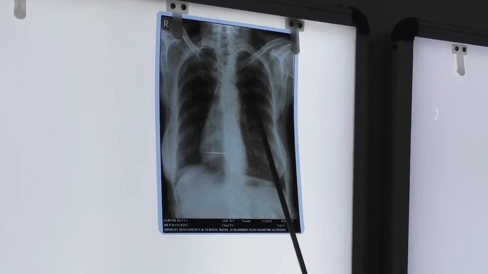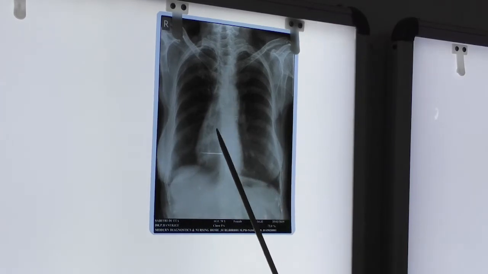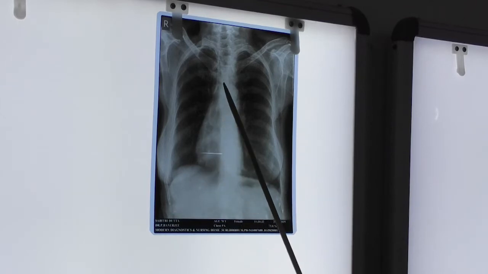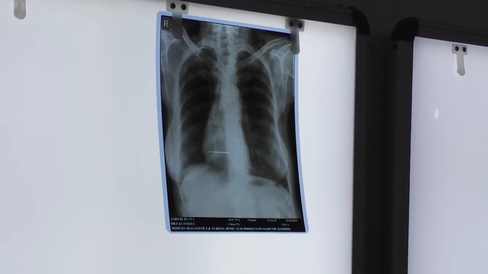Okay, this is the cardiac shadow. We can see this is the diaphragm and this is the heart.